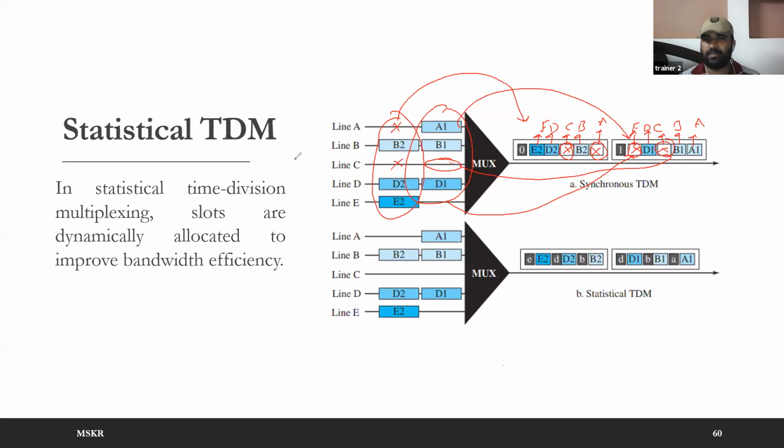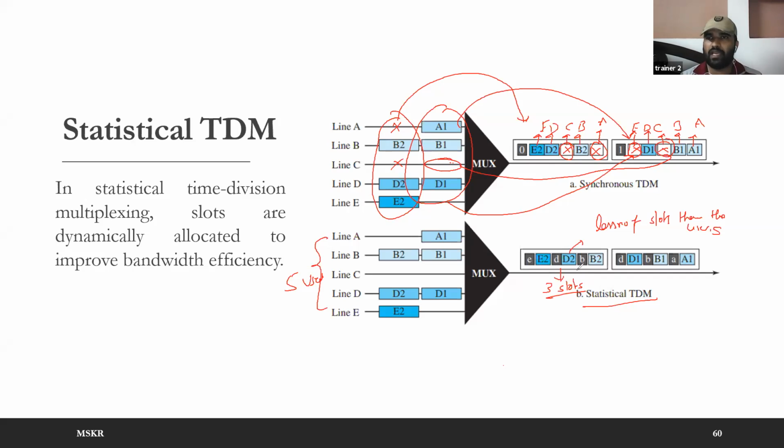in synchronous TDM. To avoid this, in asynchronous TDM, which is also called statistical TDM, the frame is going to have fewer slots than the users. Here, there are a total of 5 users, but each frame only contains 3 slots. When you have fewer slots, that means you are not going to send all the users' data in a single frame.